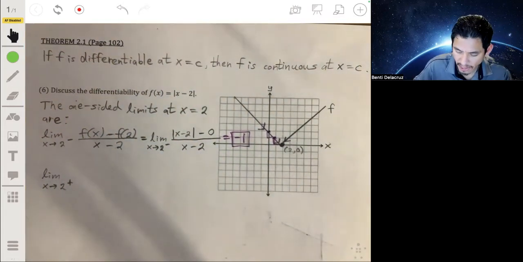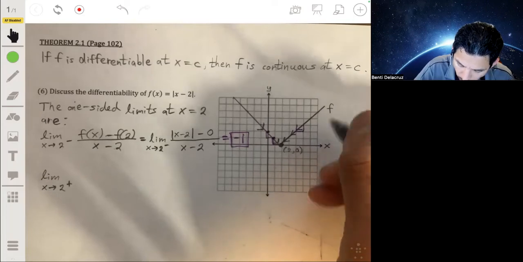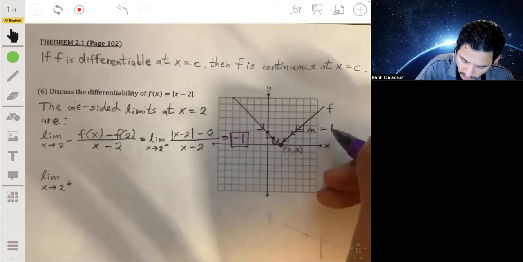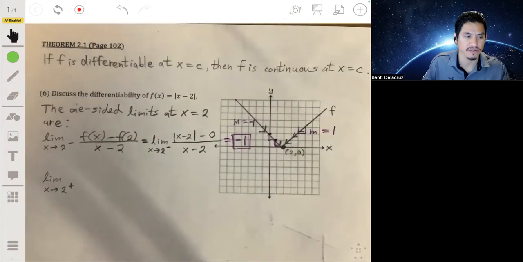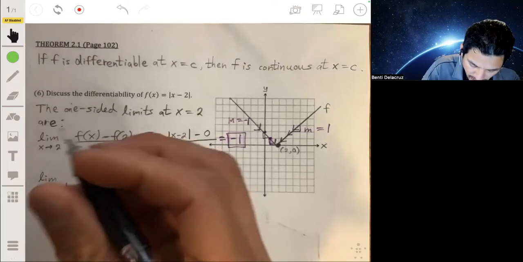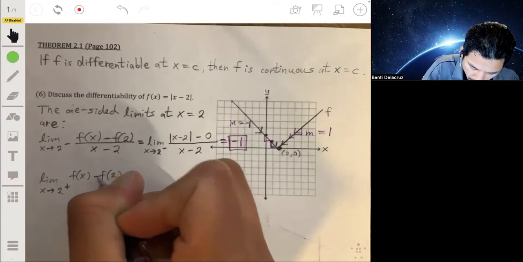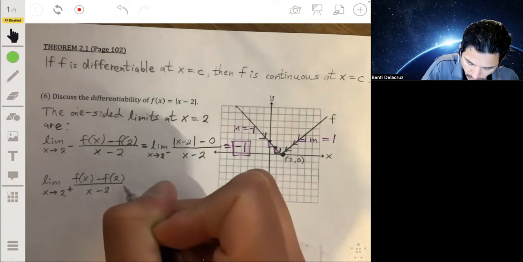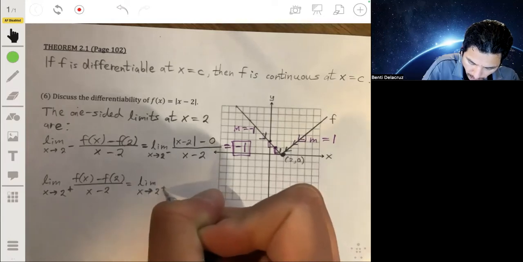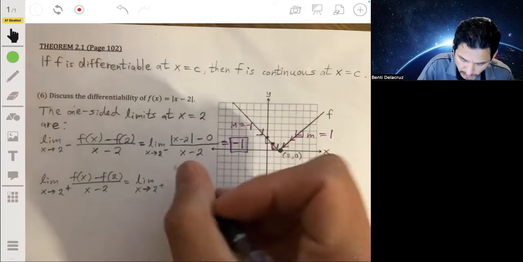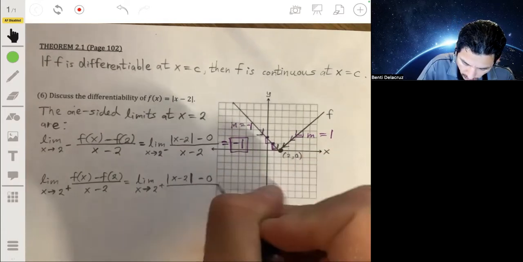But the derivative from the right side is positive 1. Over here, we'll emphasize that we're analyzing the slope. So we would write essentially the same expression, f of x minus f of 2 over x minus 2, equal to the limit as x approaches 2 from the positive side of the absolute value of x minus 2 minus 0 over x minus 2.